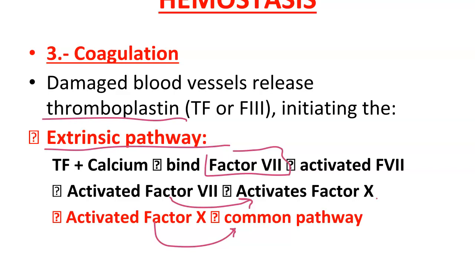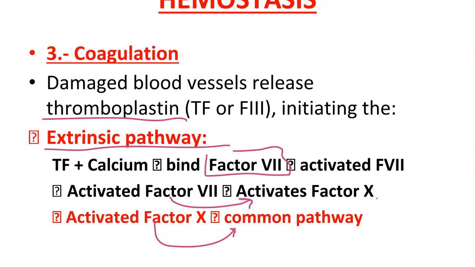The numbers are not given in the order in which these proteins act. They're instead numbered in the order in which they were discovered. That's why you will not see an order in the numbering of these proteins.